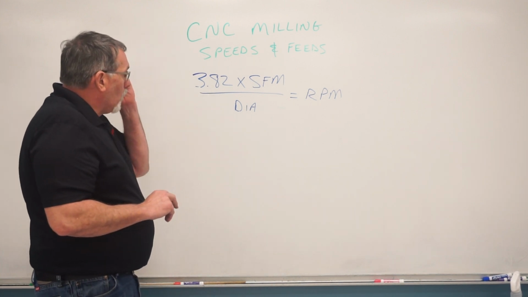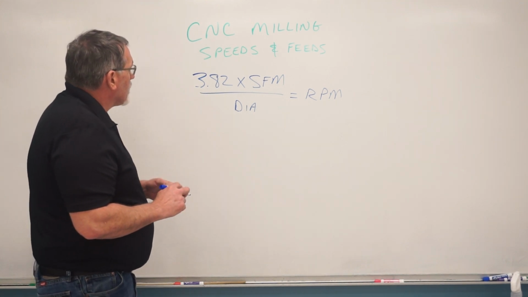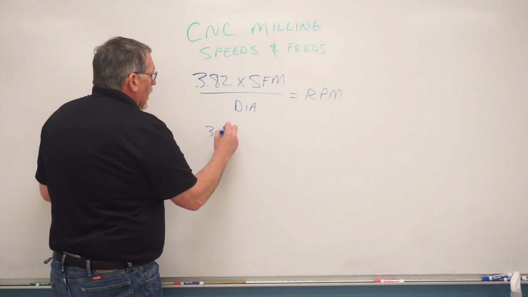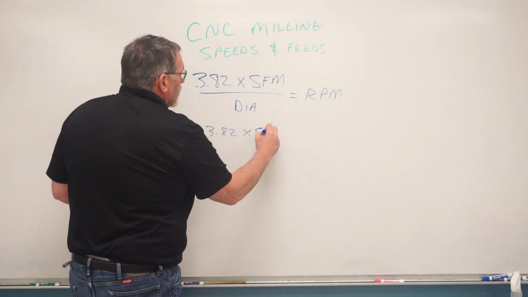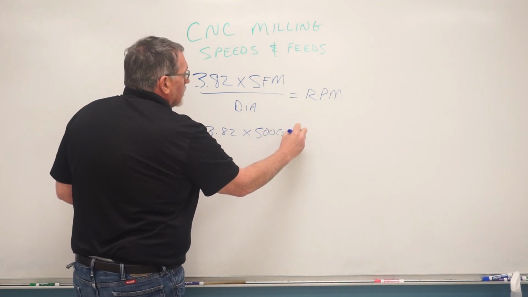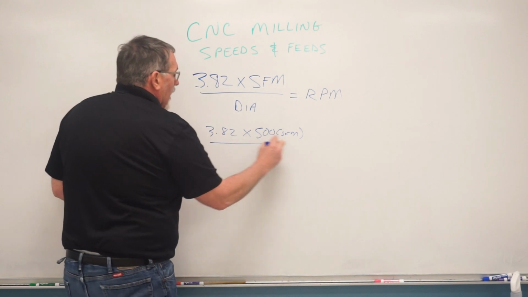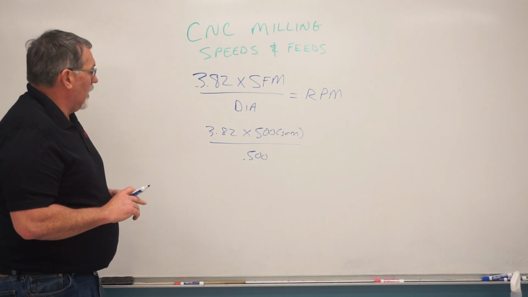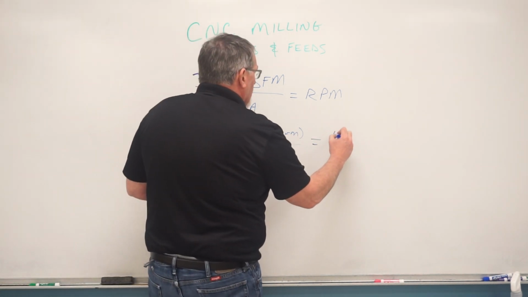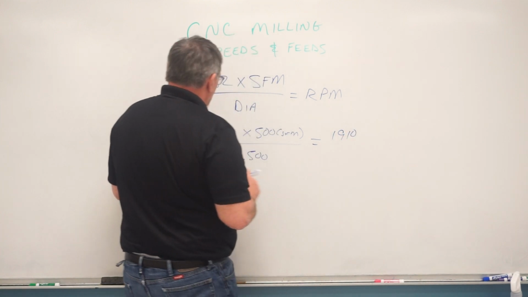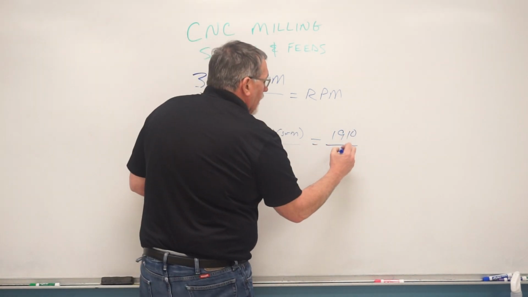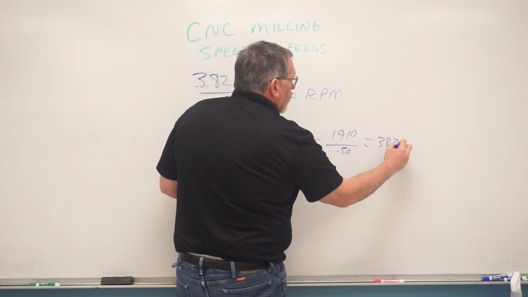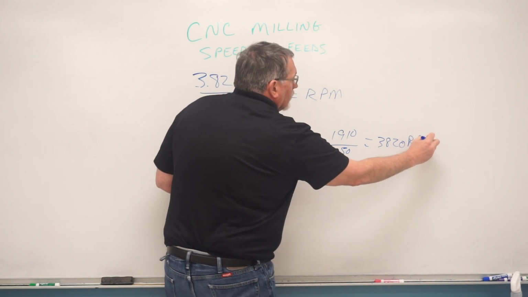Okay? So we could do one of these real fast. Let's use 500 surface feet. So 3.82 times 500, that's surface feet per minute, divided by a 1/2 inch diameter tool. 3.82 times 500 should equal 1910, divided by a 1/2 inch, or 0.5, should equal 3820 RPMs.